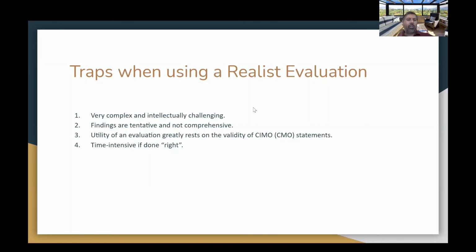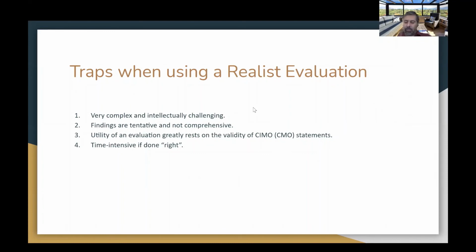Trap number 2 is that findings are tentative and not comprehensive. All we can ever have is partial knowledge. The findings of an evaluation are specific to this program, implemented in this manner, and implemented by this group of people, and with these groups as beneficiaries.